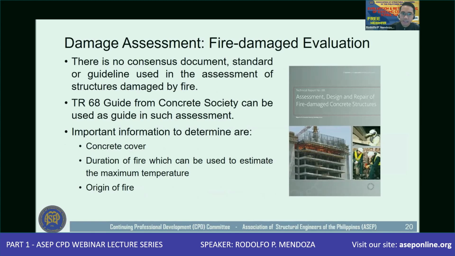It's a European guideline, and it will tell you that some of the important information that you need to collect during a damage assessment of a fire-damaged structure are the concrete cover, the duration of fire, basically to determine the maximum temperature where the elements were exposed, and also the source of fire, so that you can see the variation of temperature across the structure.